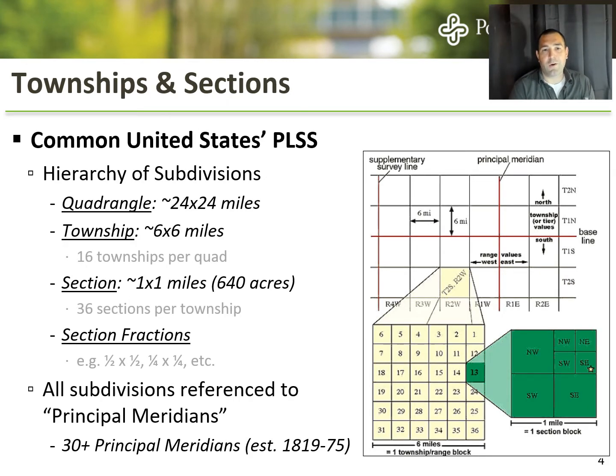So, how is the public land survey system set up in the United States? The largest subdivision that we'll talk about is known as a quadrangle, and a quadrangle is just a fancy name for a four-sided polygon. They're not perfect rectangles necessarily. Rectangles would have all 90-degree angles, and quadrangles aren't.